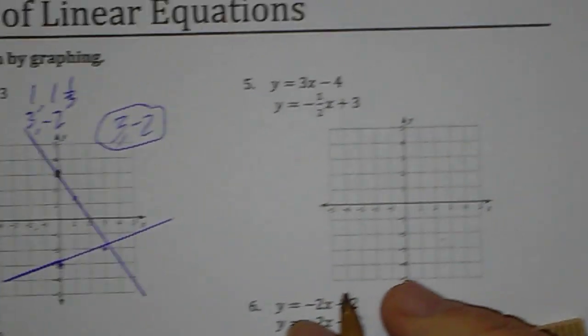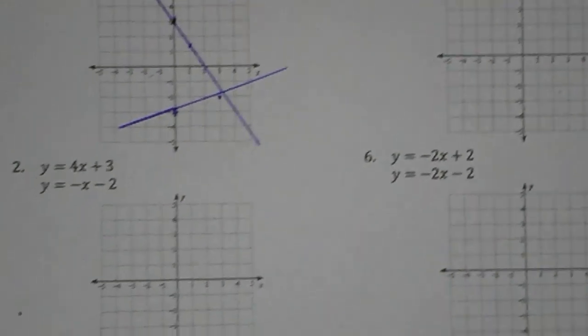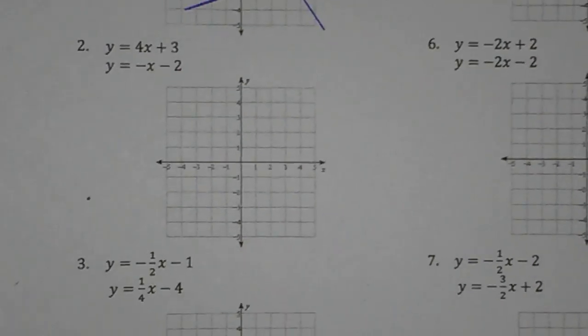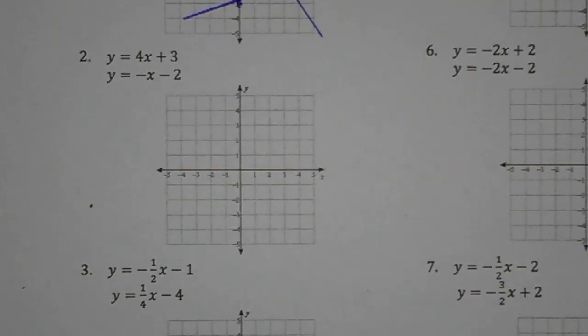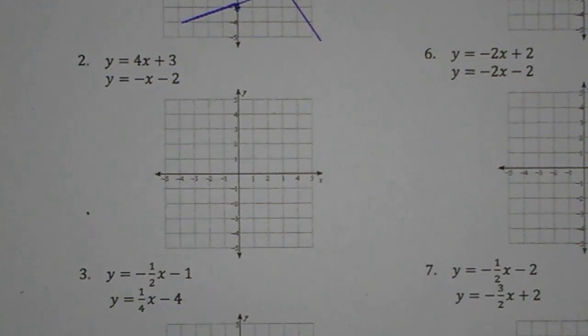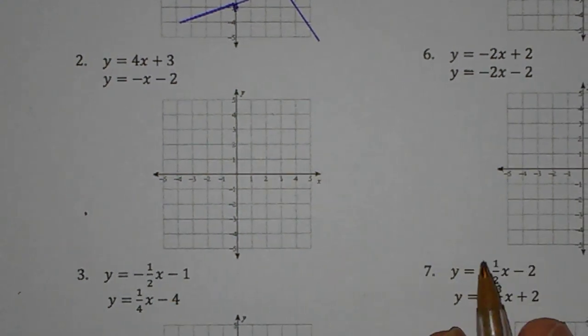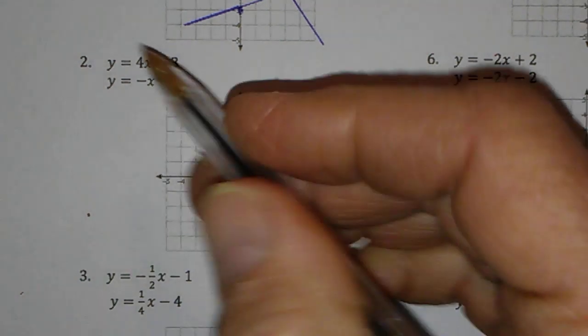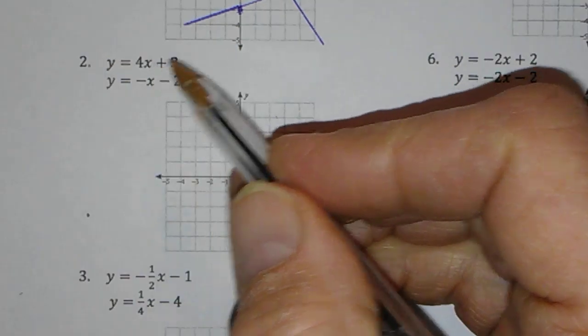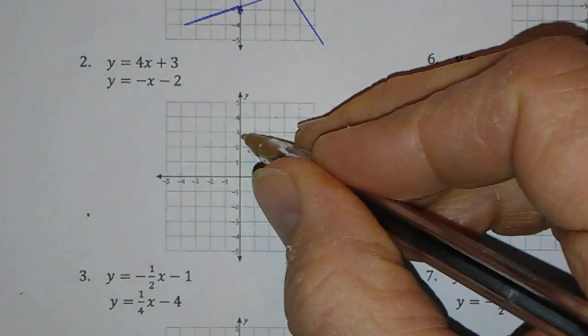Okay, let's try number 2 then. y is equal to 4x plus 3. So, again, I use 0, comma 3. So that's one point.